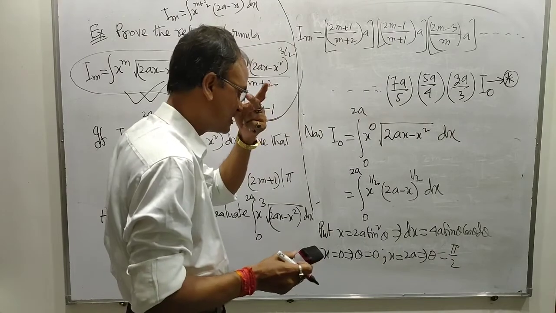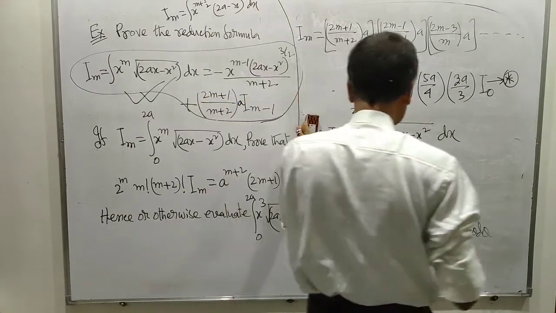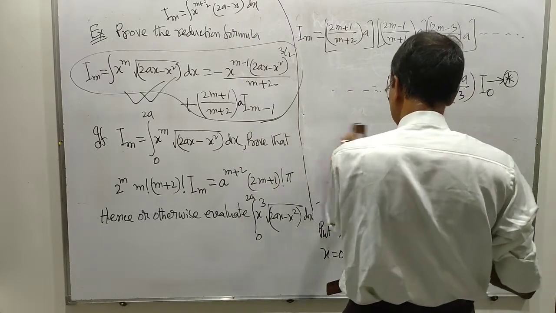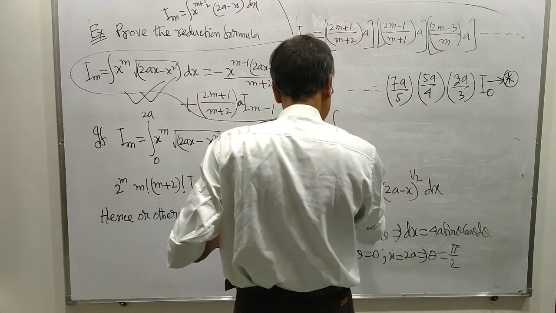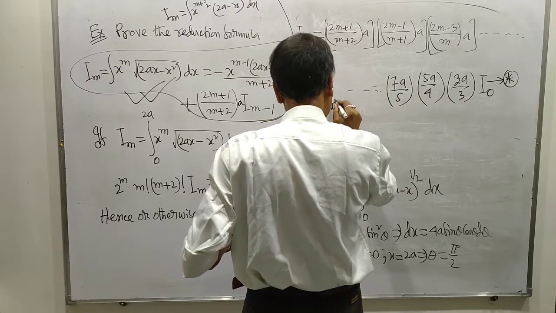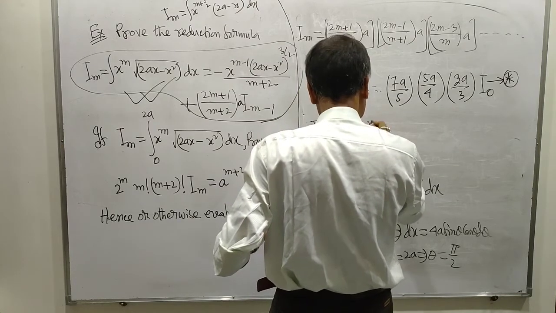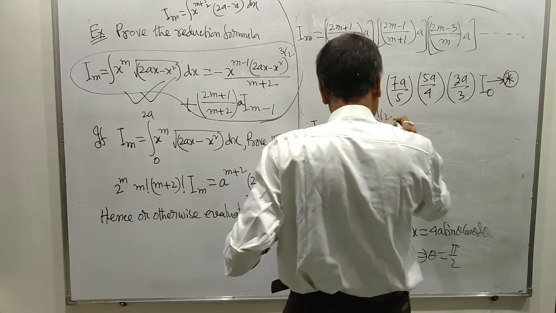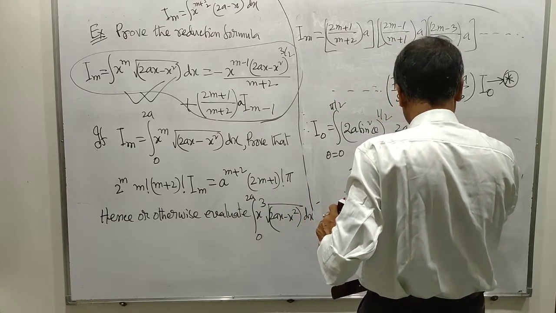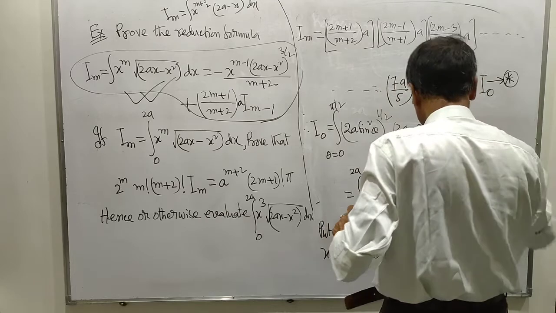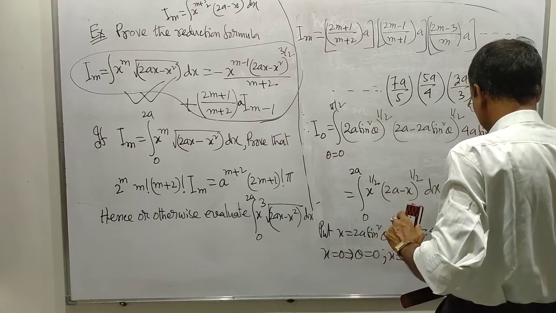Therefore I_0 equal to integration theta equal to 0 to pi by 2, (twice a sin square theta) whole to the power half, (twice a minus twice a sin square theta) whole to the power half, 4a sin theta cos theta d theta.